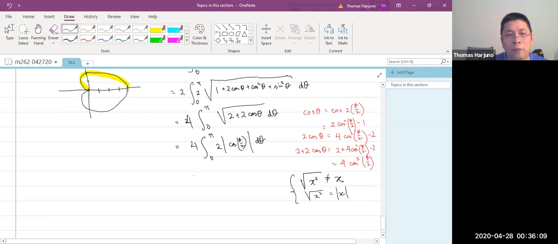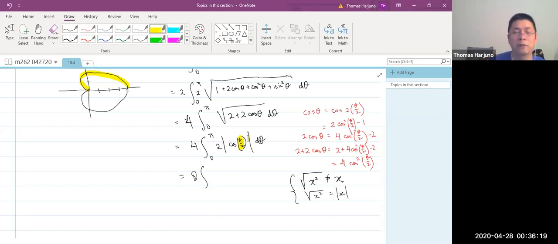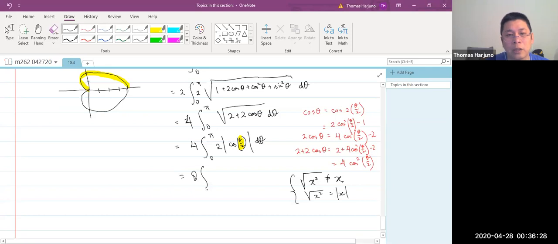My domain of integration makes my angle here always positive anyway. Cosine theta over 2 is always positive in quadrant 1 and quadrant 2. Right? Okay, so it will be 0 to pi of cosine theta over 2 d theta.